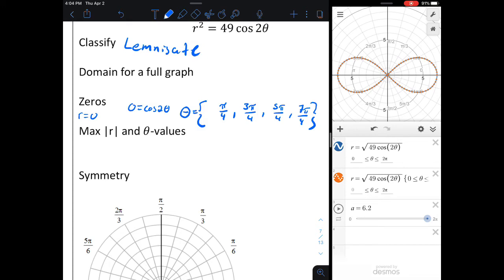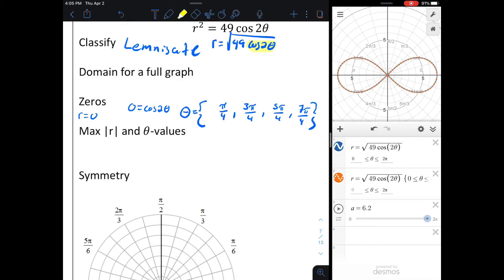Now, here's the thing to keep in mind: with the way we have this curve typed in Desmos as r is equal to the square root of 49 cosine of 2 times theta, we know that it's possible for cosine to produce negative values. And if I take the square root of a negative number, it's non-real. So what's happening is everywhere that cosine produces a negative value, it's not plotting points.